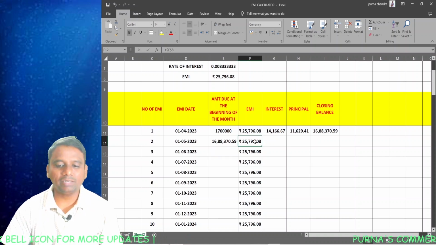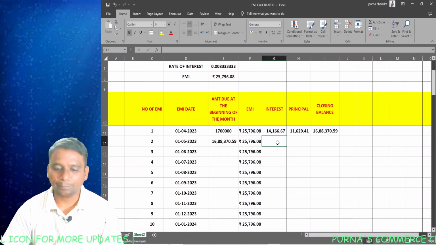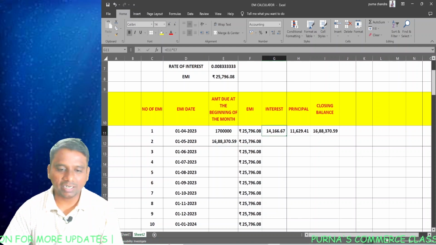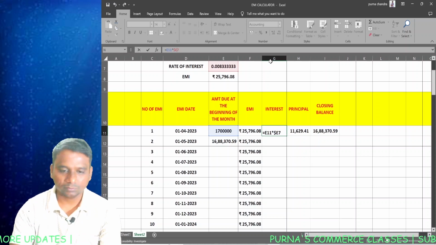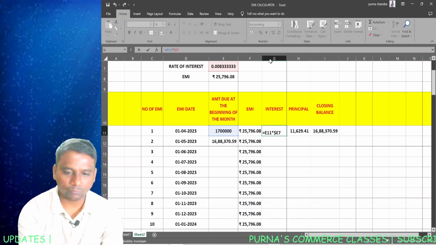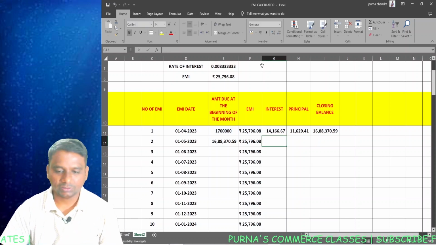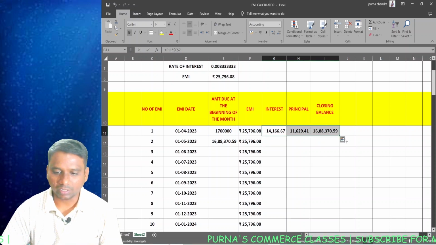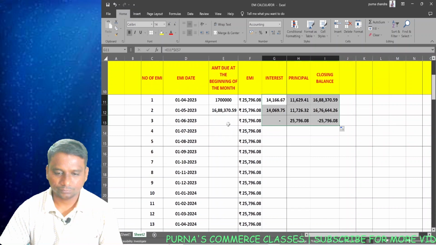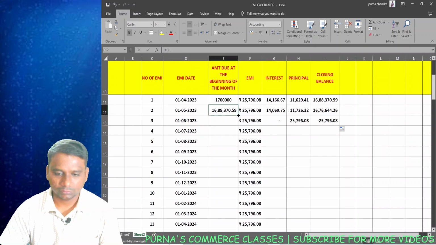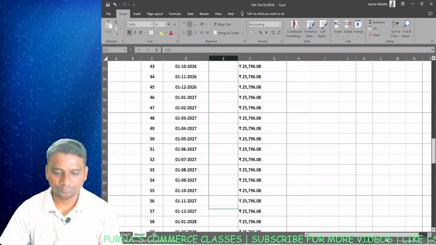Fine. So EMI will not change. Interest, same. How do we calculate? Interest rate is fixed. So freeze this. Interest rate is fixed. So freeze this first. Yes. Now you can drag. First, I'm dragging this.